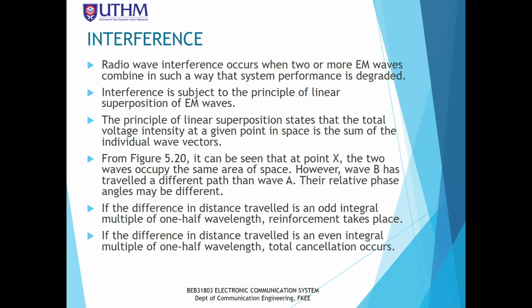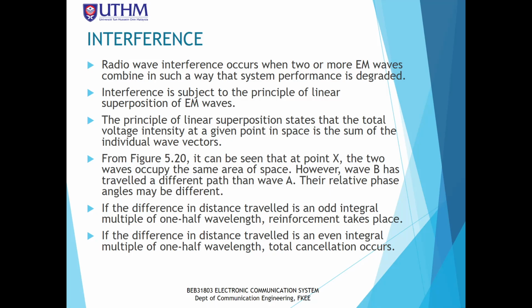Interference is when two radio waves have the same frequency. What happens is that it will cause interference from one channel to another channel. Akan berlakulah gangguan signal yang mempunyai frekuensi yang sama.